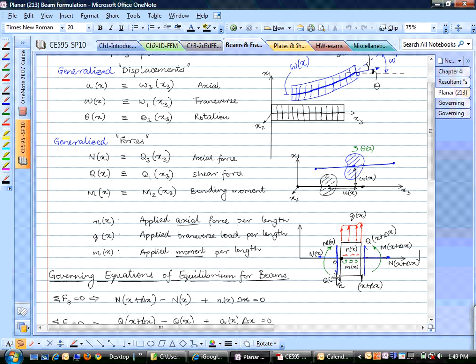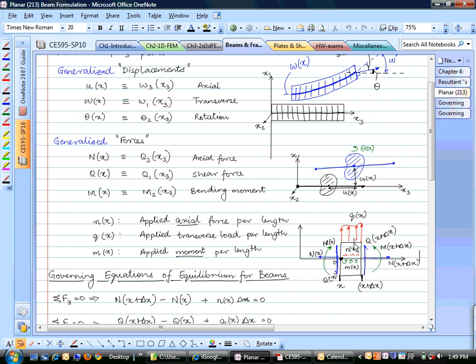So we take our free body diagram in the deformed configuration, and we draw all the forces. Shear force Q(x), and this is the convention that I'm using, that shear force on the positive face is pointing upwards. Is that the convention most of you use, or the opposite for shear force?